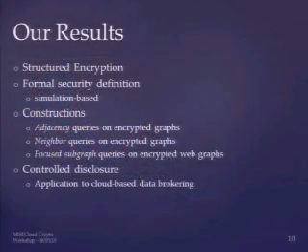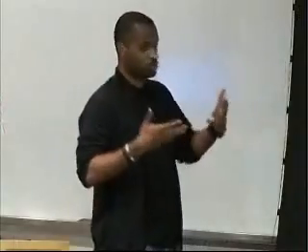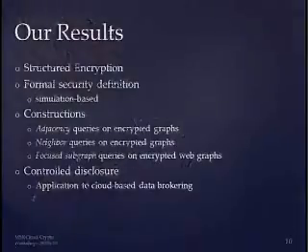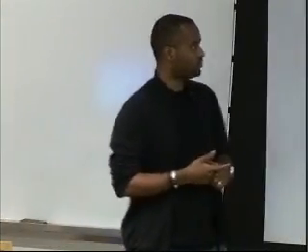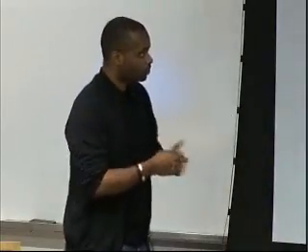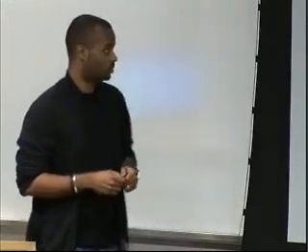Okay. So the results are basically, we introduced this idea of structured encryption, which is a generalization of searchable encryption to other types of data, not just text data, but arbitrarily structured data. We have a formal security definition, which is simulation-based, and we give a few constructions. We show how to do adjacency queries on encrypted graphs, which are basically, given two nodes, do they have an edge? We show how to do neighbor queries on encrypted graphs. So given a node, I want to get back all the nodes that are adjacent to that node.